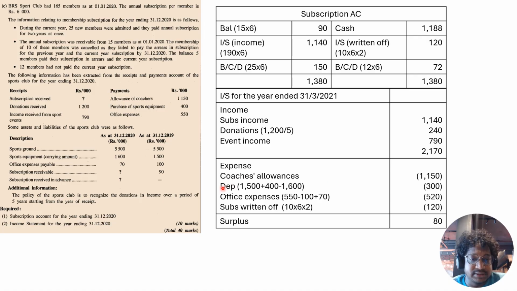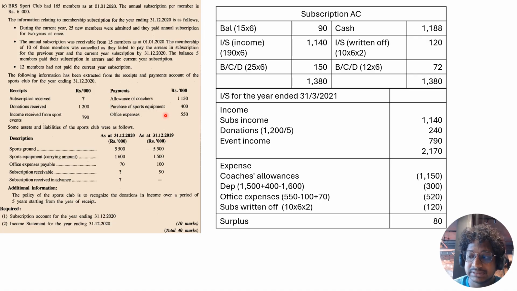And the depreciation, how to find out the depreciation? Here it says sport equipment at carrying amount. As at opening date, there was 1,500 and closing date 1,600. And also in the payments, it says purchase of sport equipment 400, right? So opening date, there was sport equipment 1,500, and you have to add the purchase of sport equipment.